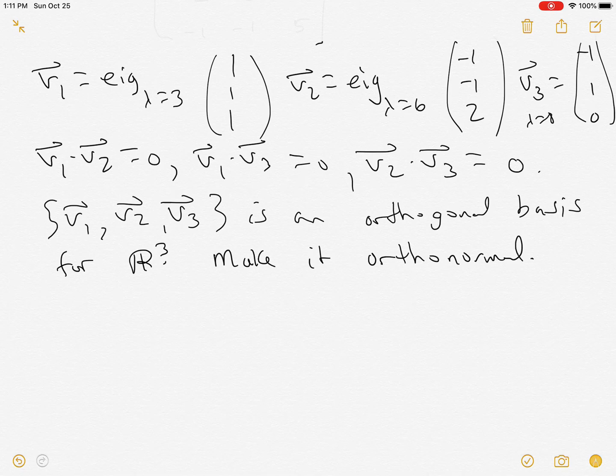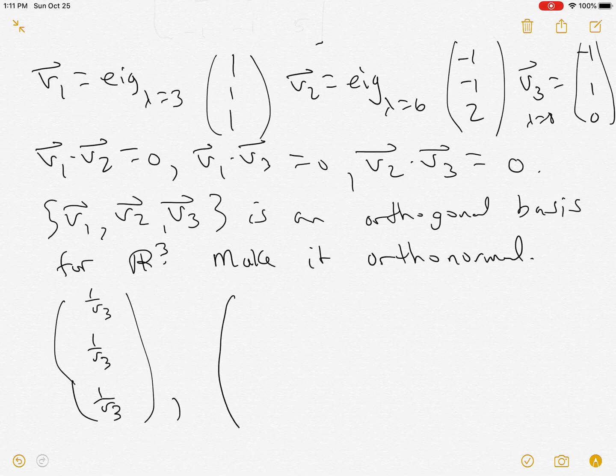So the length of V1 is what, square root 3? So the first vector becomes 1 over root 3, 1 over root 3, 1 over root 3. Let's see, the length of vector 2 is root 6, so you have minus 1 over root 6, minus 1 over root 6, 2 over root 6.